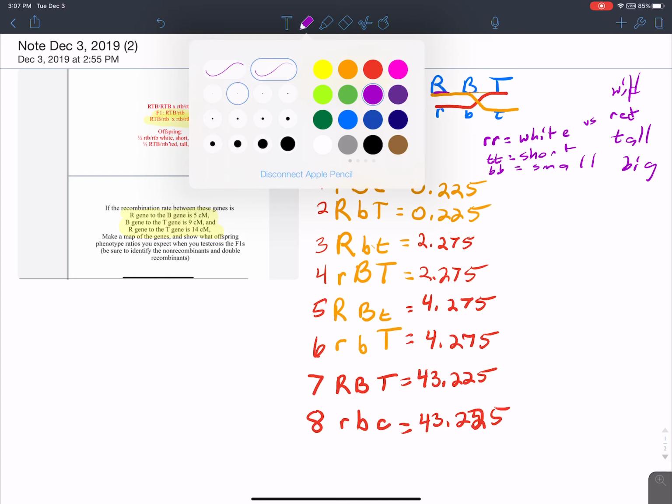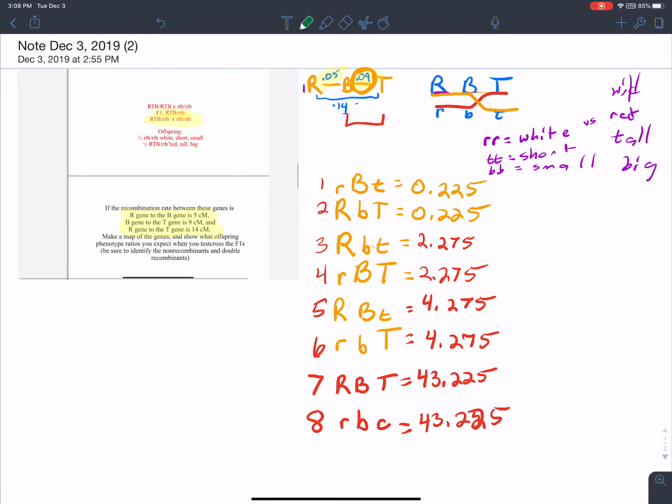So then we just go through, and you could do this on your own, but I'll go ahead and do it. So this one's going to be white from the r r. It's going to be wild type here, so it's going to be tall. Oh, you know what? I'm sorry. They're given to me in a different order there.